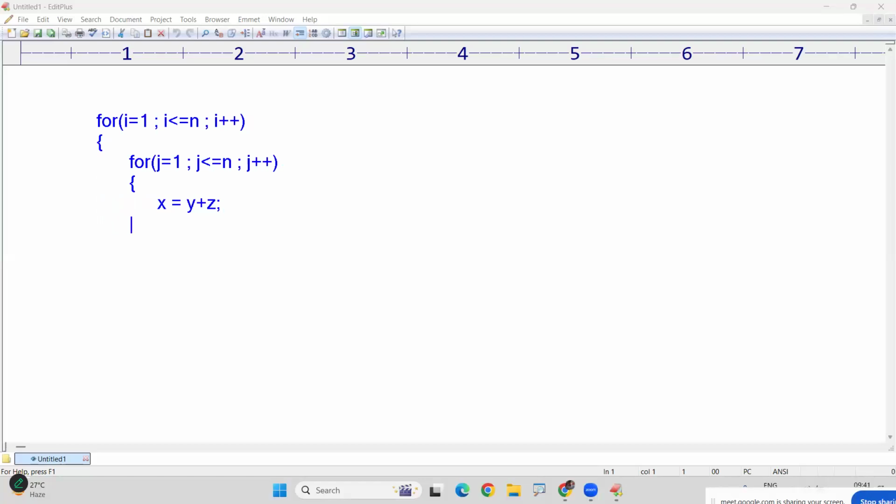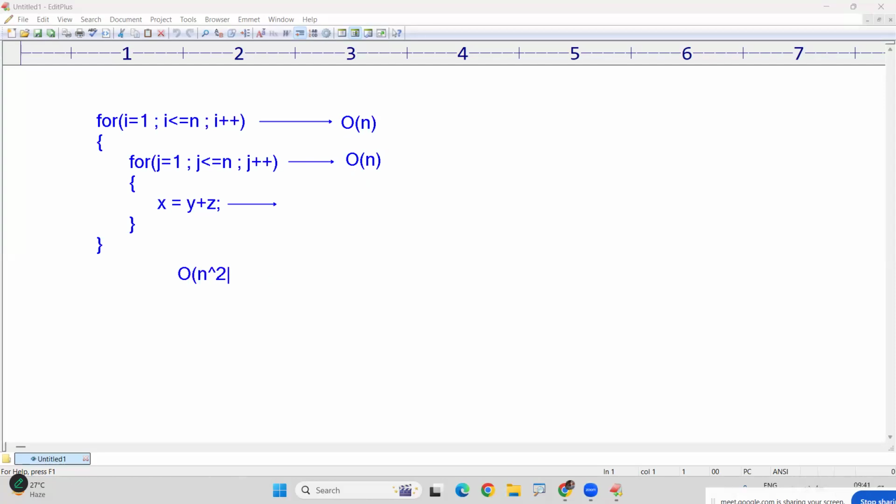So time complexity means not the loop iteration, just how many times the statement is executed. This one repeats n times and this one repeats n times, so the total is n square times.